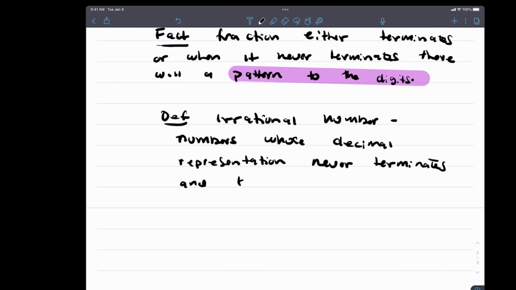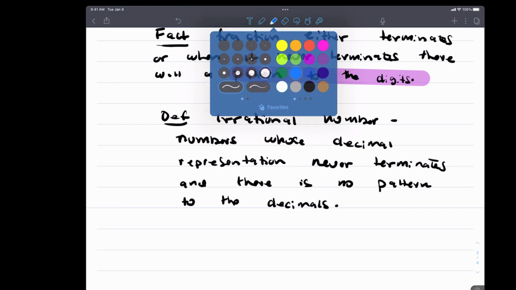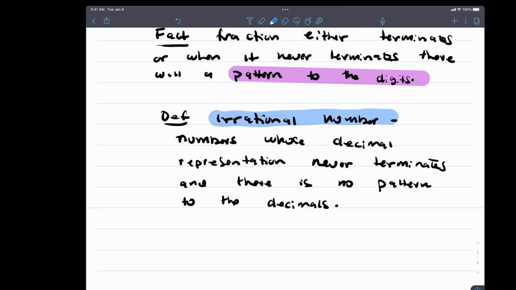And there is no pattern. No pattern to the decimals. This is what we describe as irrational what? Numbers. Okay? And there's a lot of irrational numbers, believe it or not.